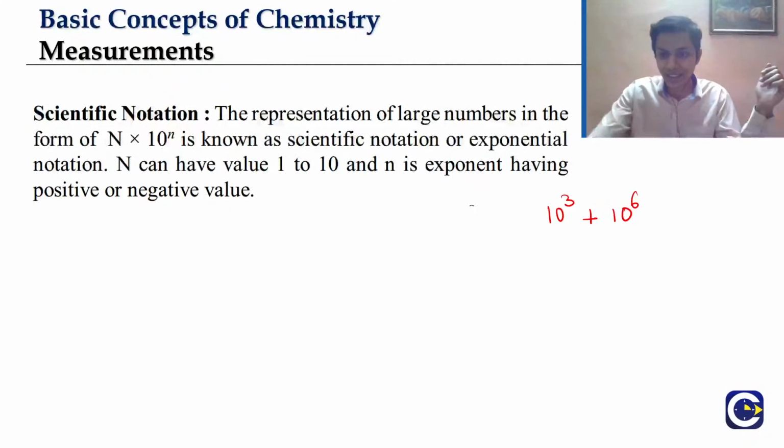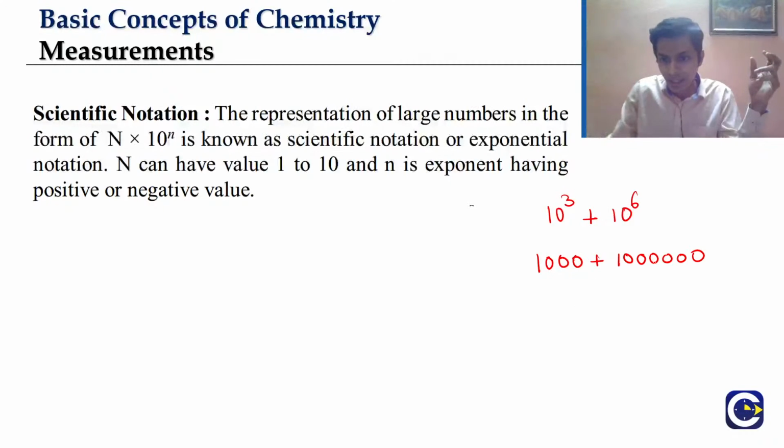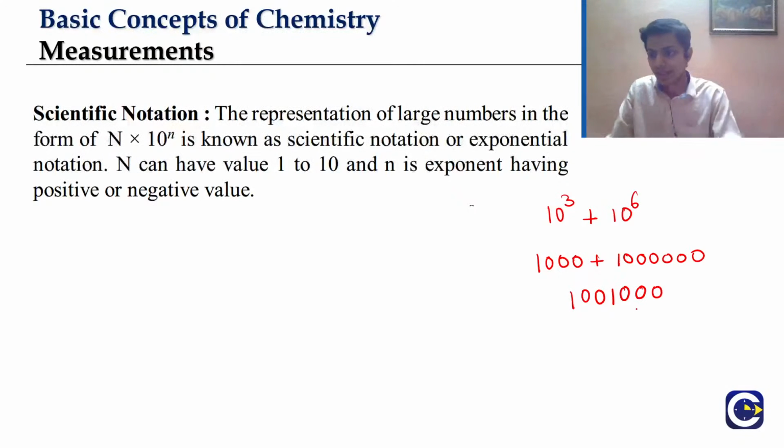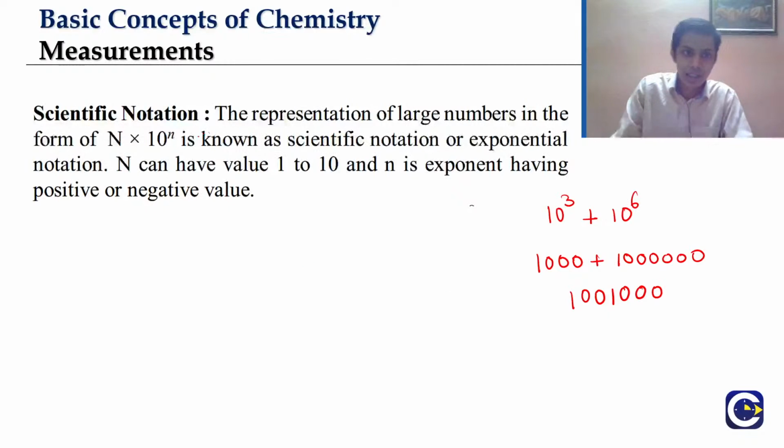Usually our way of approach will be 1000 plus 1000000. So it will be 1001000, isn't it? But now we have got something called as scientific notation.